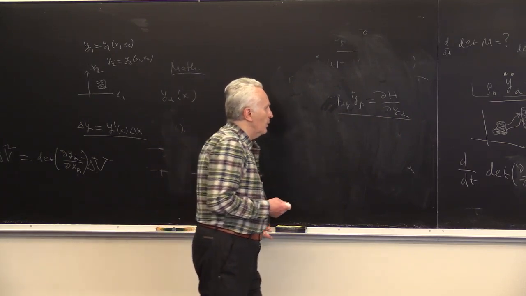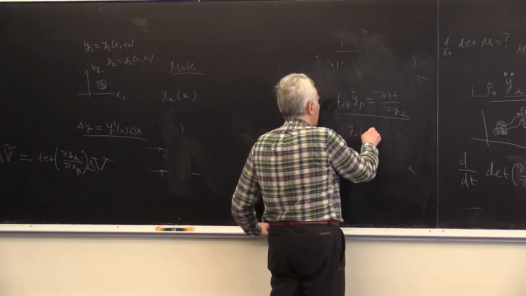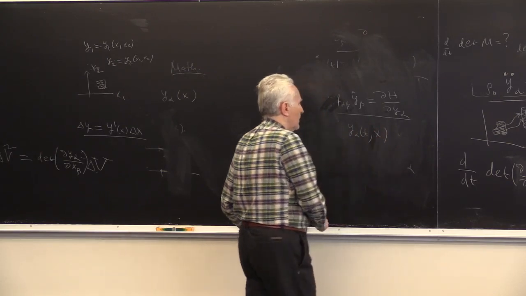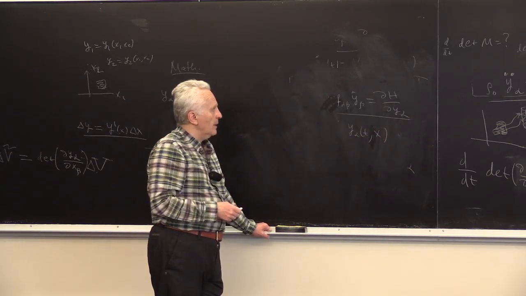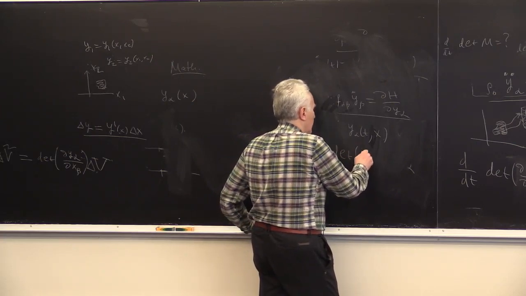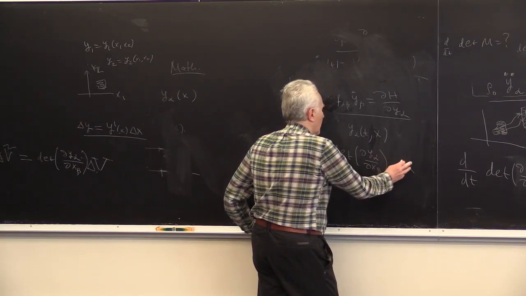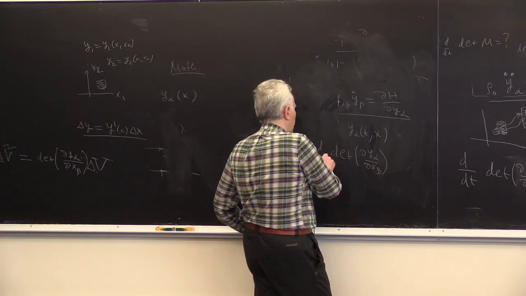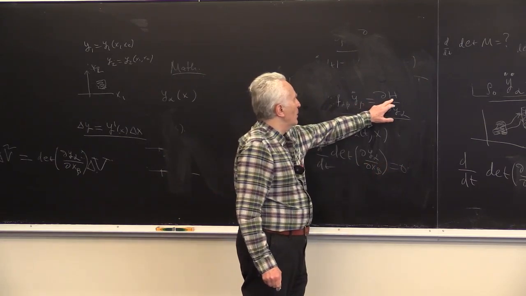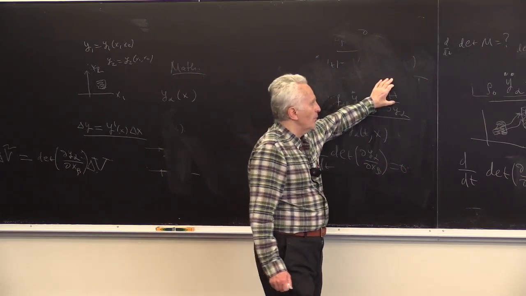Namely, if here you have some y alpha of t, and we can introduce initial positions x, and the determinant, what Liouville theorem says is that if you take this thing and you take its time derivative, it's automatically zero. It's zero for any h. You see, you don't have to fine-tune h.